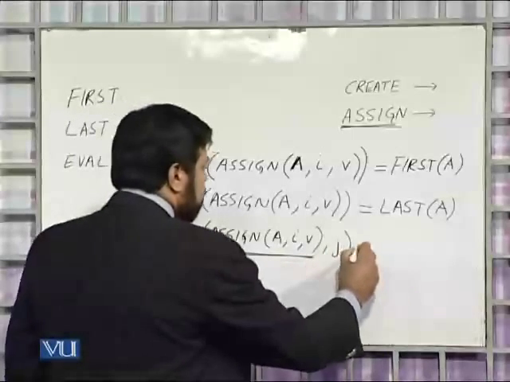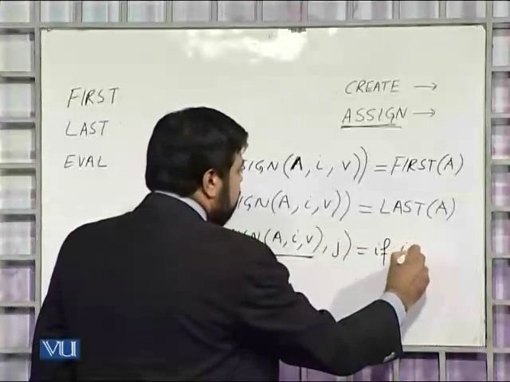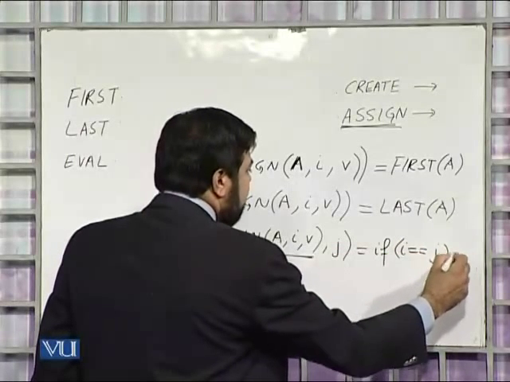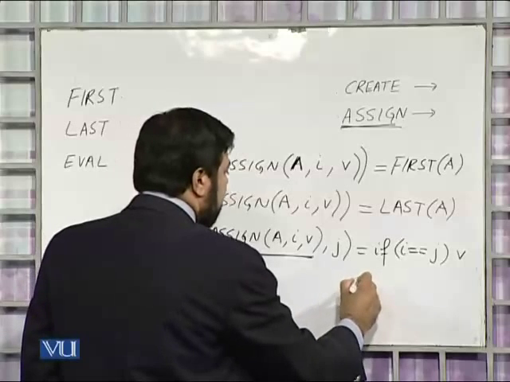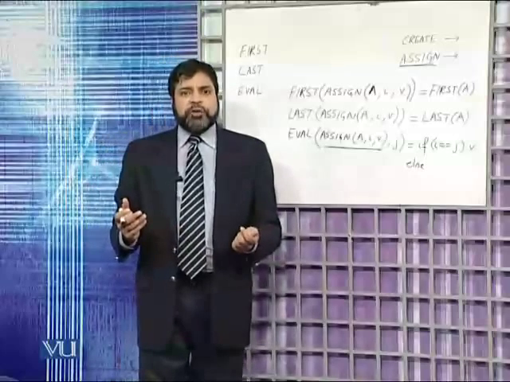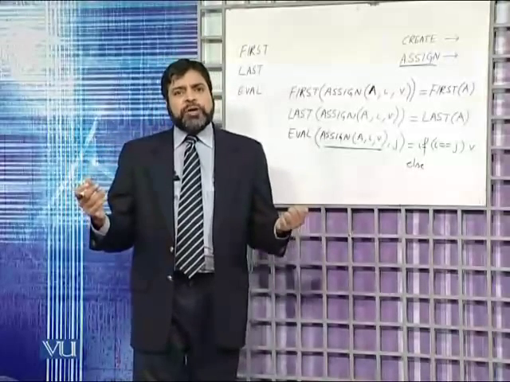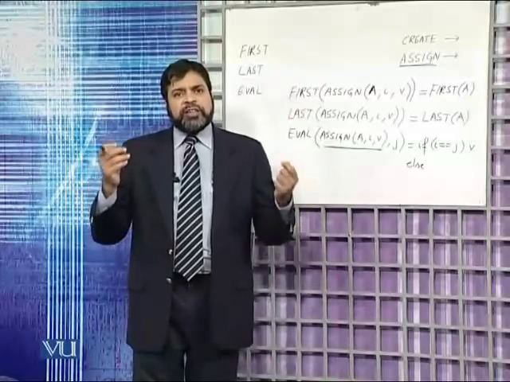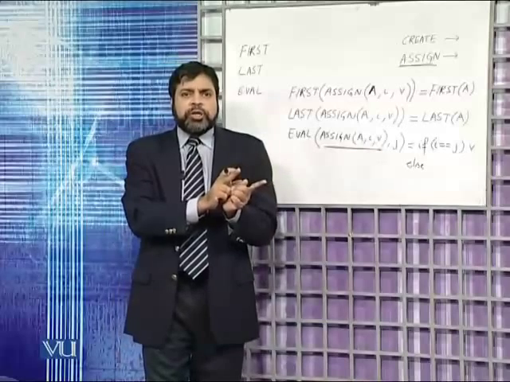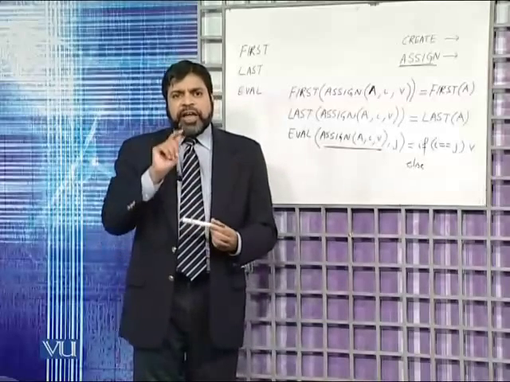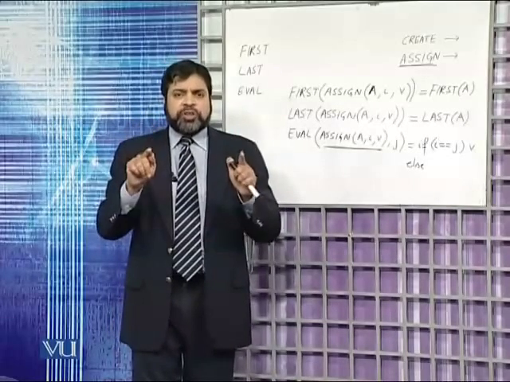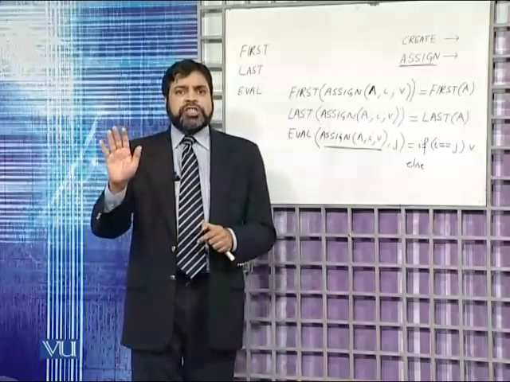So we write, if i is equal to j, then the value that we get back is v. Otherwise, else, the value that we are going to get is the old value that was stored at index j in that array that was passed as parameter. So what we are saying here is that except for that particular index i where we have put the value, we do not change any other value.